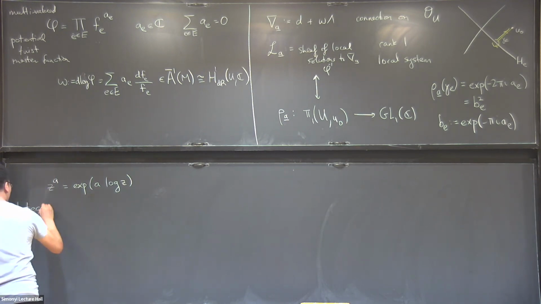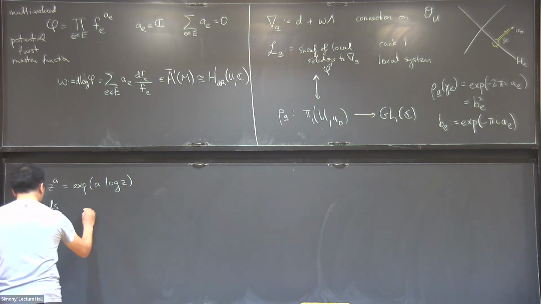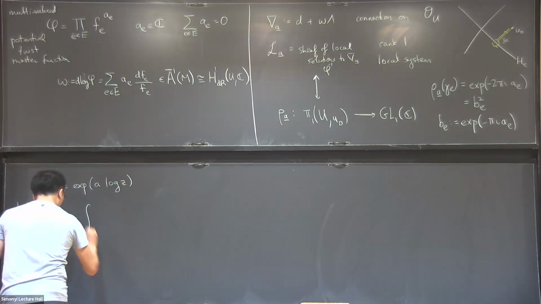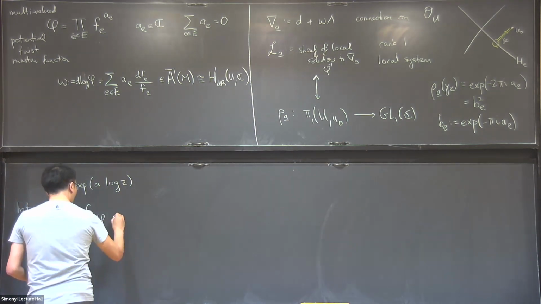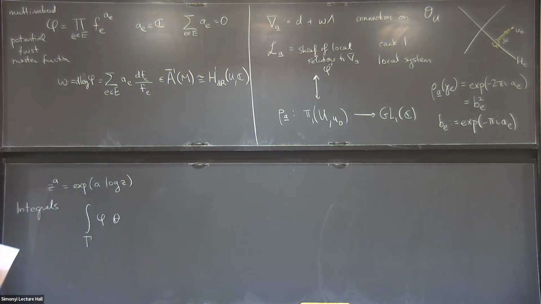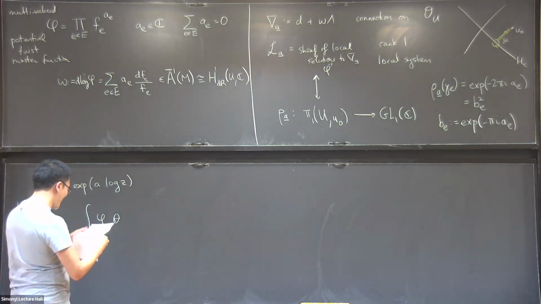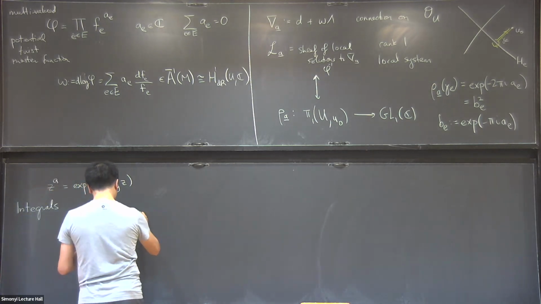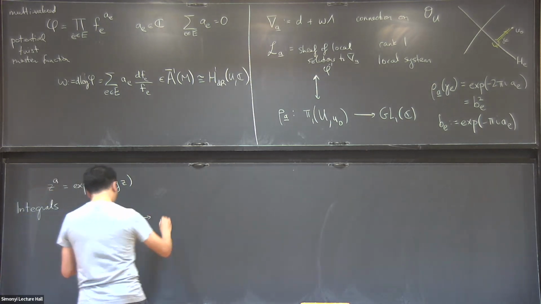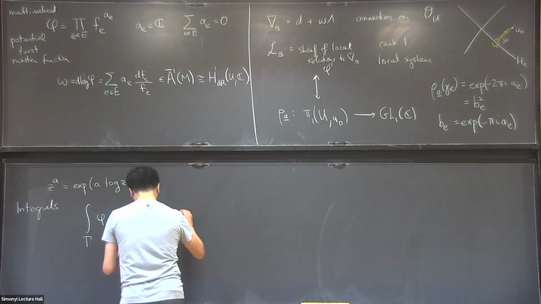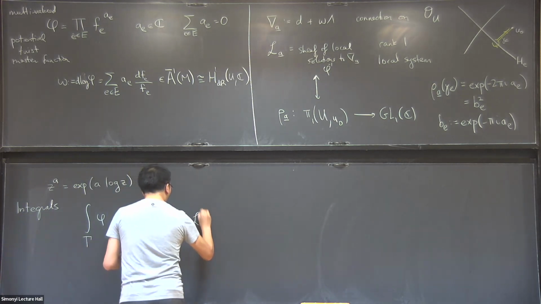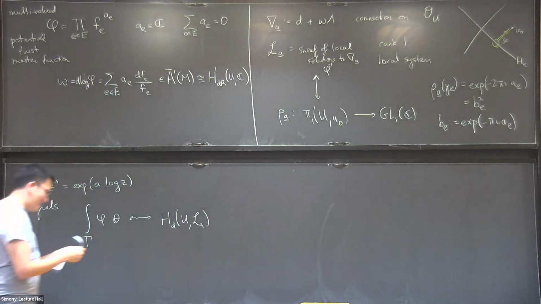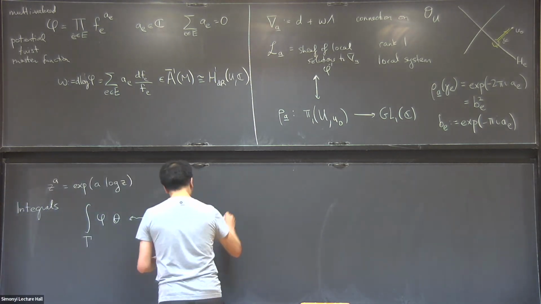The reason to study this setting is you want to look at integrals of the form integral phi theta. Phi is the same phi over there. And you want to interpret this as a pairing between a homology group and a cohomology group.